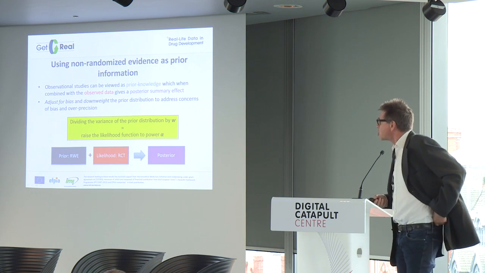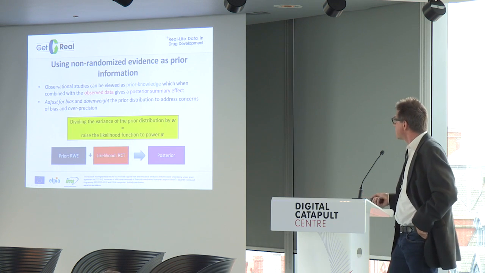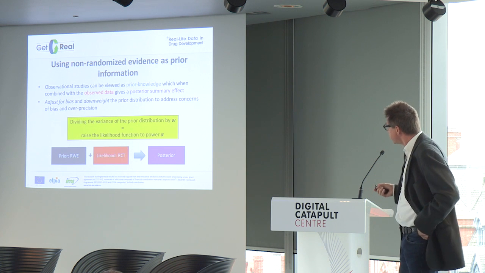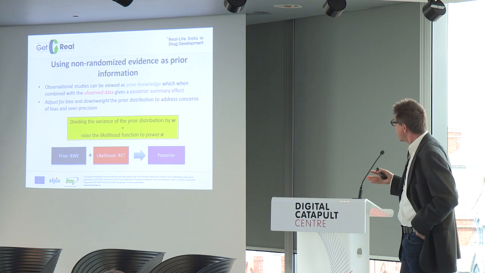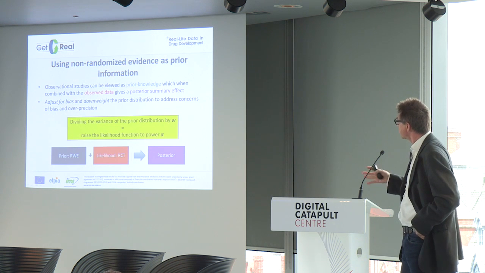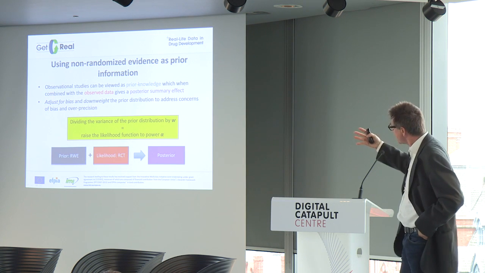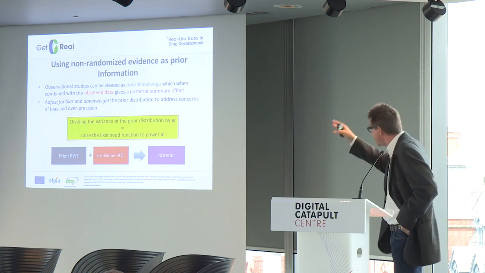The other approach that I quickly want to talk about is you can use a Bayesian framework and view the observational studies as prior knowledge, which, when combined with the observed data, gives you a posterior summary effect, as shown in the model on the bottom part of the slide.